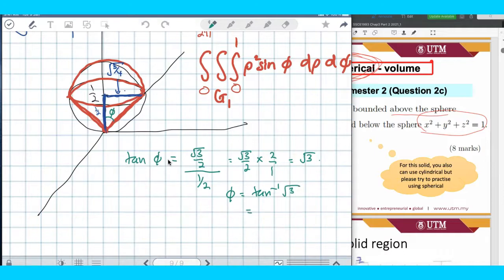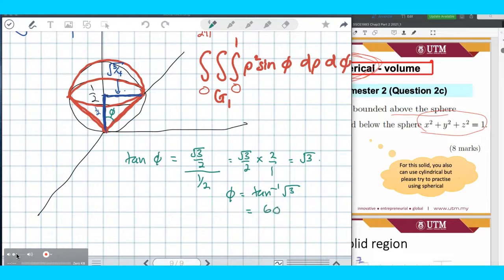Be careful when you evaluate this. If you want to answer in degrees, you have to set the calculator to degrees. So shift tangent square root 3. What is the answer? It is in the first quadrant, so it should be no more than 90.